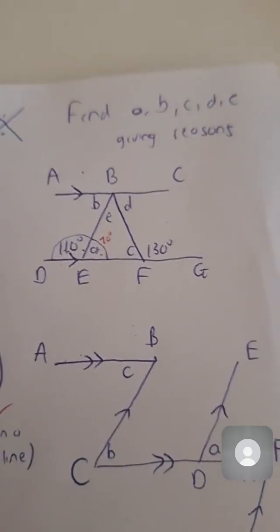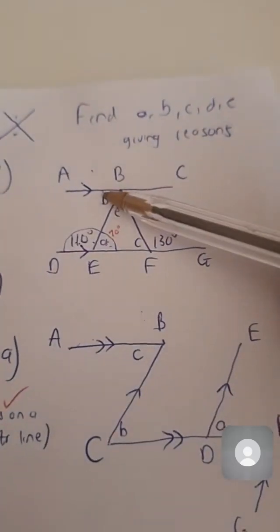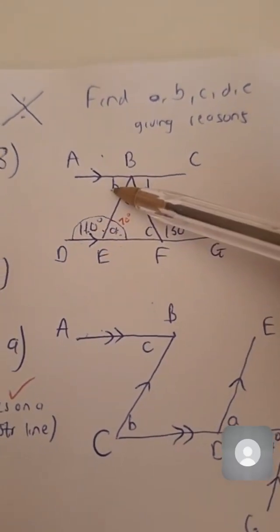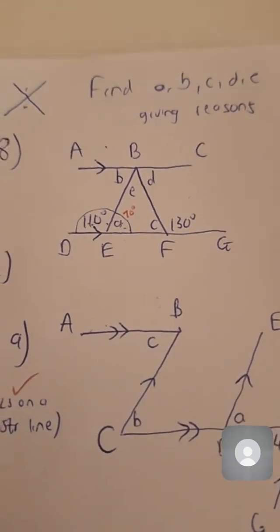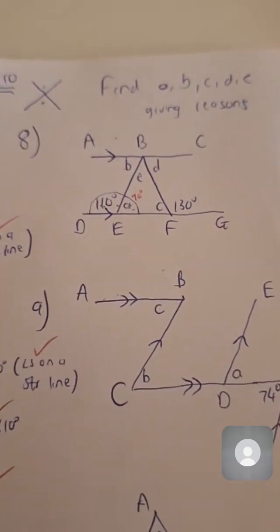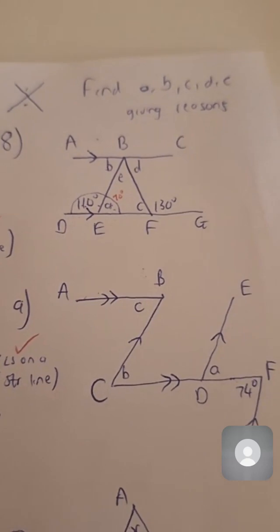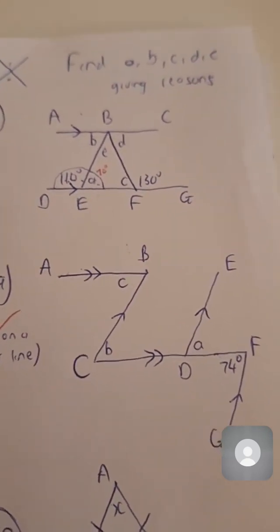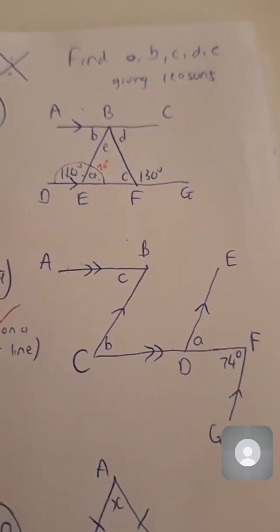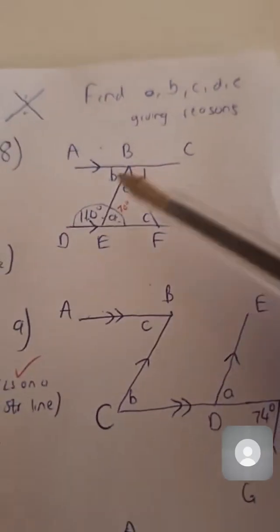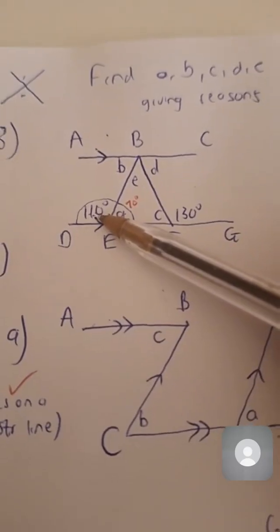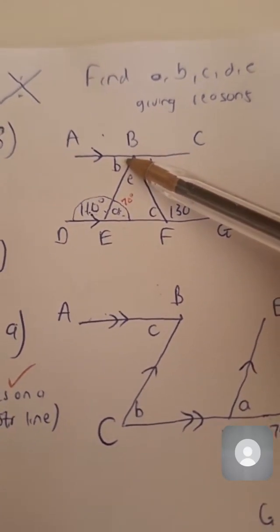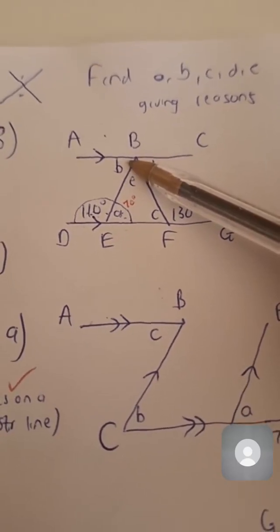For B, I said 110 degrees plus B equals 180 because co-interior angles in which AC is parallel to DG, I think. Okay, let's pause for a moment and take in what you said there. You said 110 degrees plus B is equal to 180 degrees.